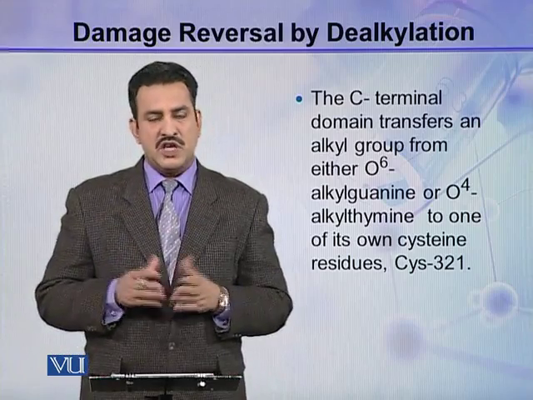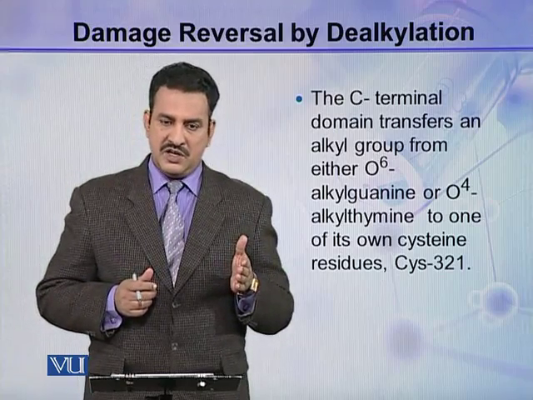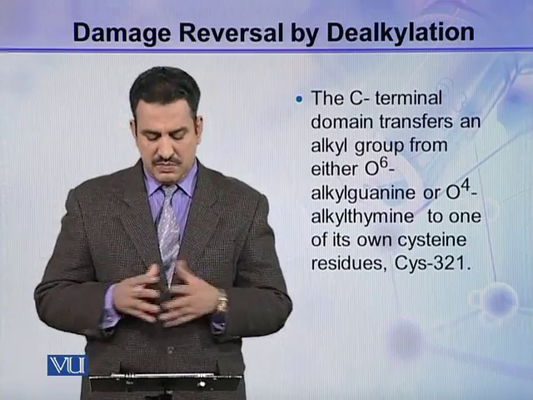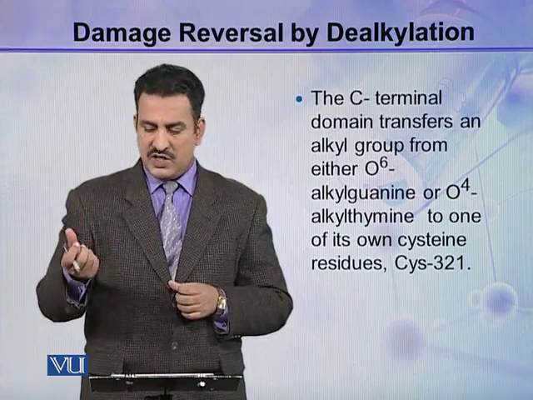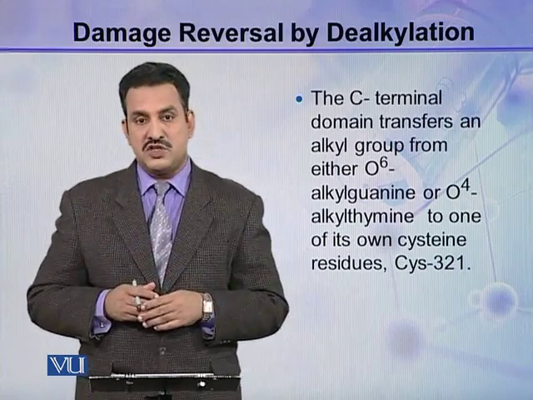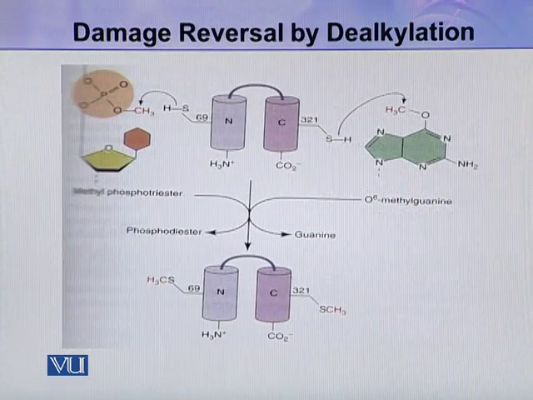So same as the N-terminal domain does, the C-terminal domain does the same. That is, it removes the alkyl group and transfers it to its own cysteine residue. But this cysteine is different. This is cysteine 321.